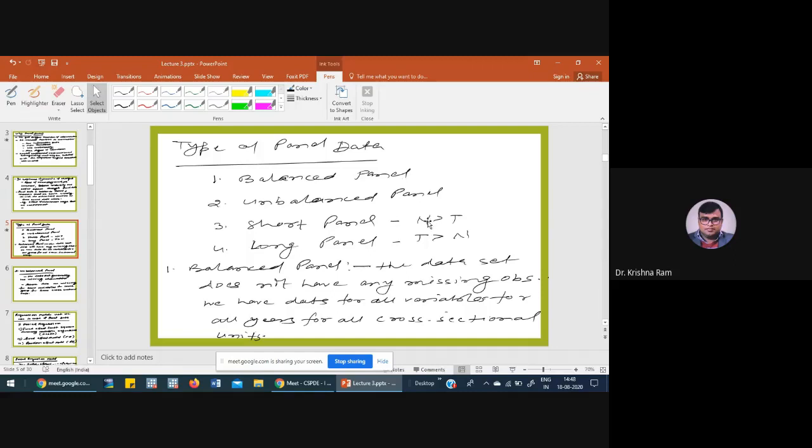That means we have a substantially larger number of cross-sectional observations as compared to the number of years.